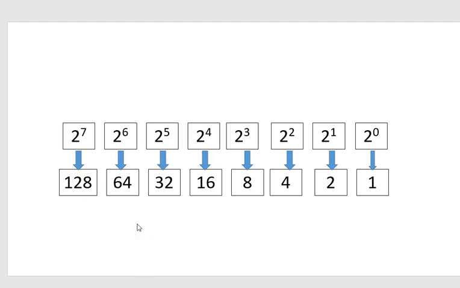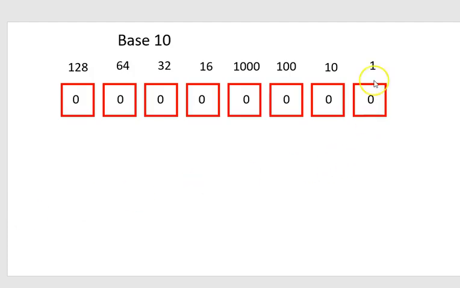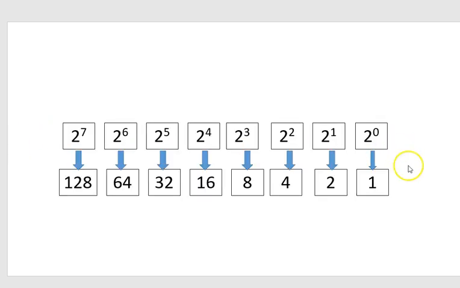Now, why is this important? It's important for this reason. If I have the base 10 system, I can have up to 9 in here and so forth, so that I can move upwards and upwards. But with the base 2 system, obviously, the maximum I can have in this column is a 1. I can't have any more than a 1, because if I have an extra 1, I go up to 2. I can't have more than one lot of 2 here, because if I double my number of 2s, I get up to 4.